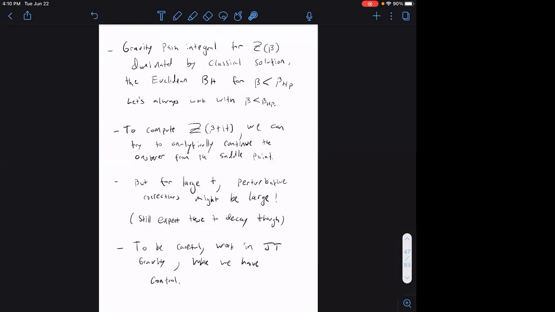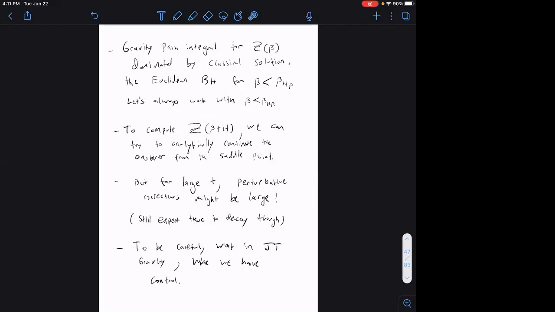So if we're taking this function, which we computed perturbatively from the saddle point, and then continuing it to these very, very, very long times, we may lose control over the perturbation series. Maybe there are large perturbative corrections that we can't really calculate because they depend on time, and time is becoming very large. So in general, it's difficult to have a nice control over this function computed in this way from the black hole saddle point.